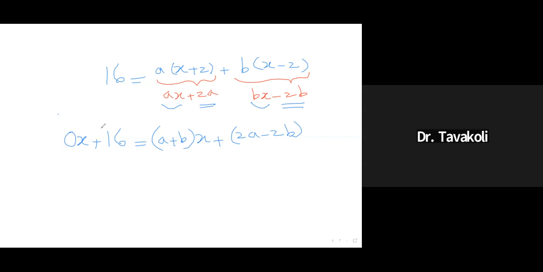Nothing before 16 means the coefficient of x is 0. In other words, 0 is the same as a plus b. And 16 is equal to 2a minus 2b.